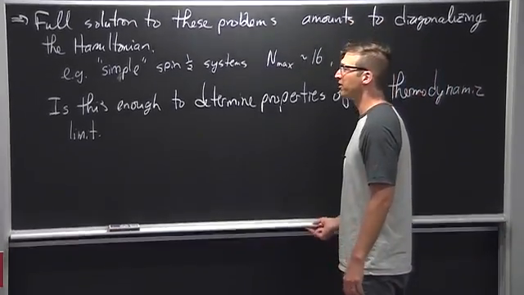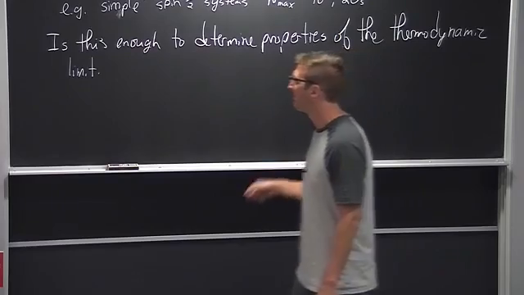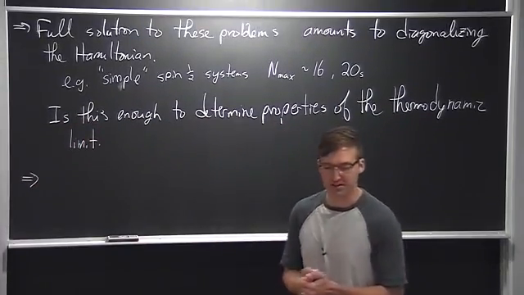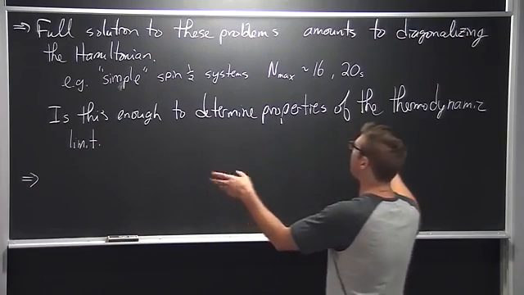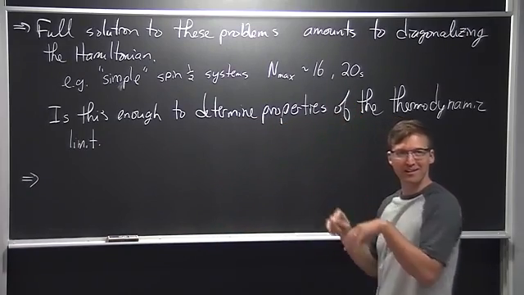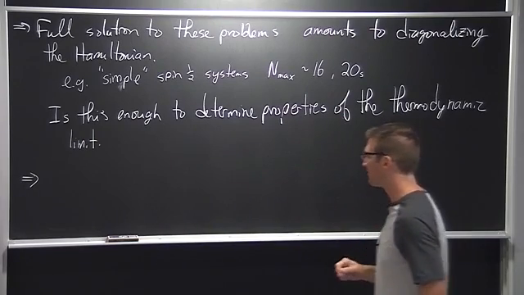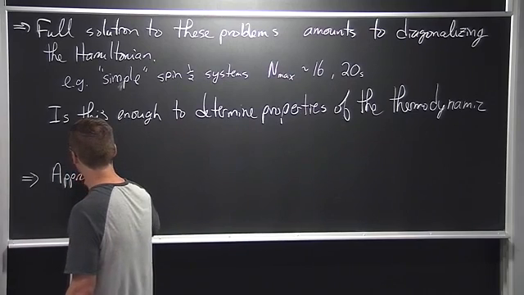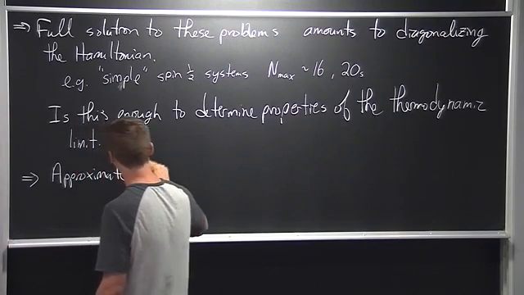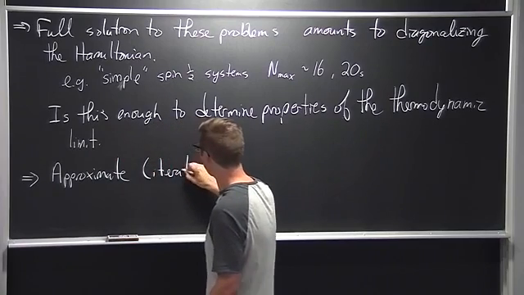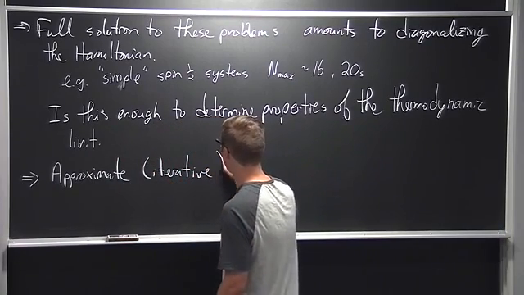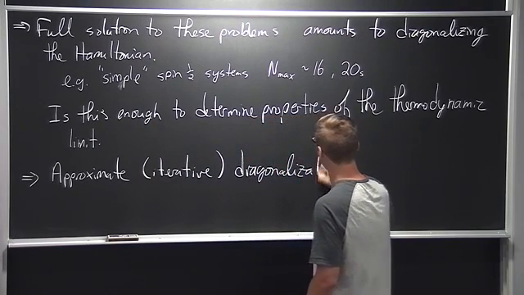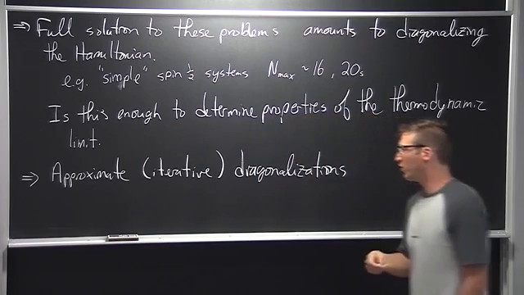Well, I'll just mention one thing we're going to do in the computational project, and that has to do with Lanczos diagonalization. So if I'm talking about full diagonalization, 16, maybe 20, if you block diagonalize the Hamiltonian or something like that, we can also do approximate, iterative diagonalization.